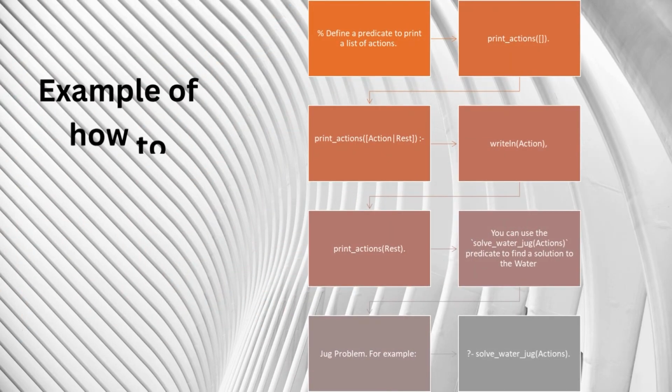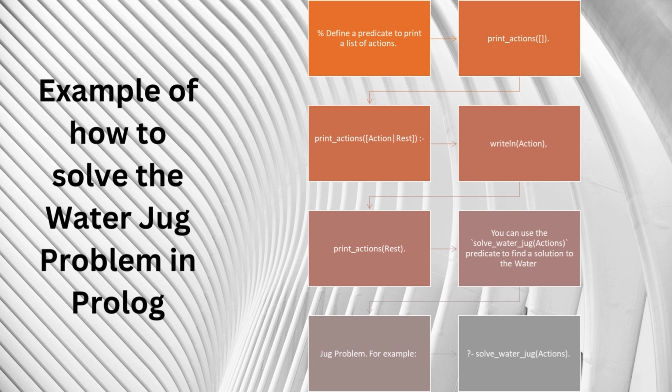Next is to define a predicate to print a list of actions. Print actions in an empty list, print actions (action, rest), which implies writeln action and print actions rest. You can use the solve water jug actions predicate to find a solution to the water jug problem.